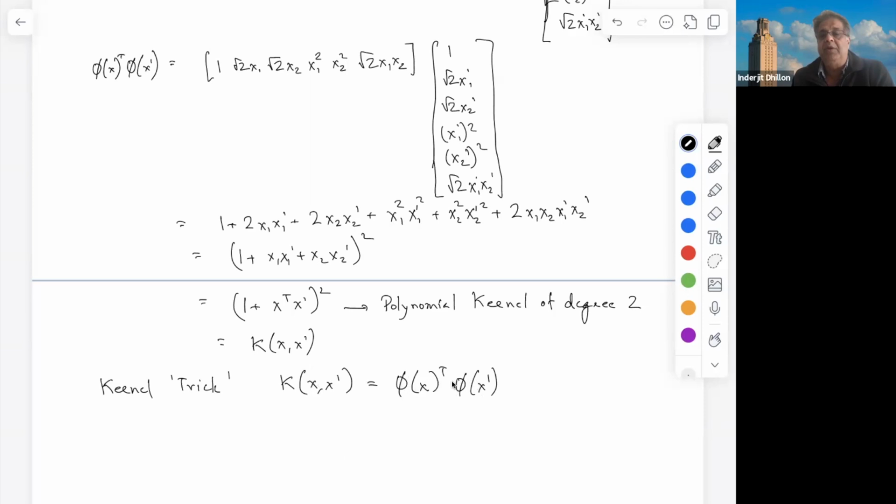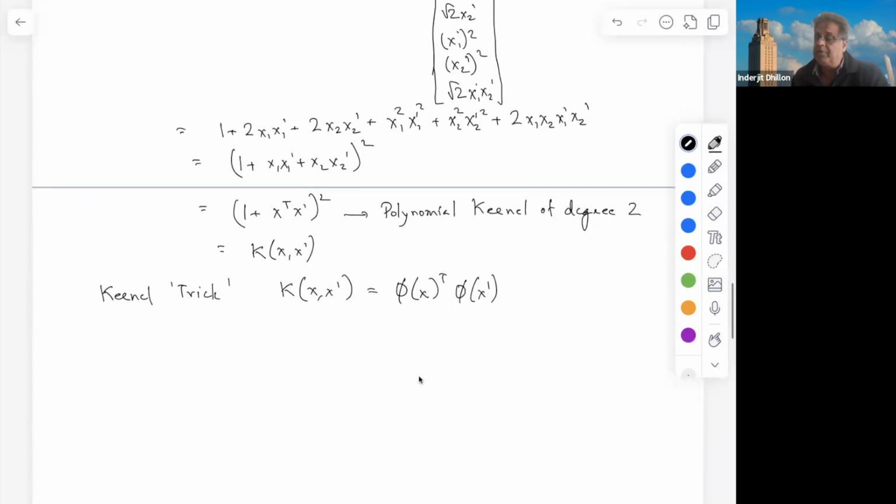And d prime can be d square, can be d cube, and in some cases it actually is infinite. In the Gaussian kernel, this actually turns out to be infinite dimensions. But the beauty of this is that you never need to form explicitly this very, very high dimensional feature space.